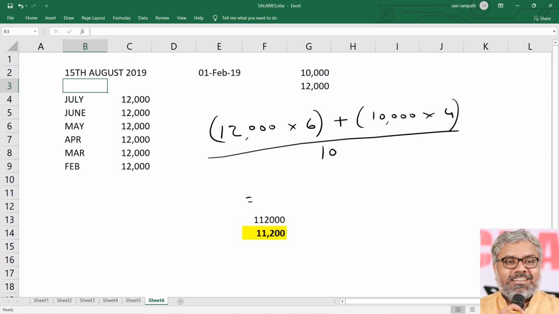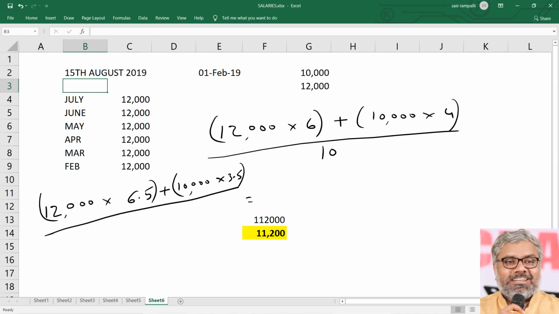So instead of 12,000 into 6, what will be the new calculation now? This will be 12,000 into 6.5 approximately, plus prior to that his salary was 10,000, and out of total 10 months, if 6.5 is already gone, then we have to take 3.5 months prior to that, divided by 10.